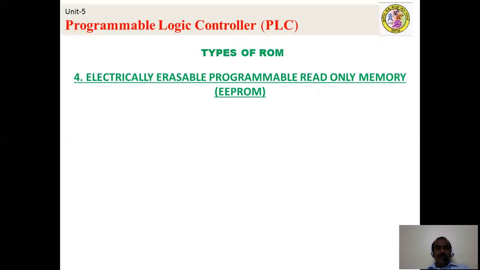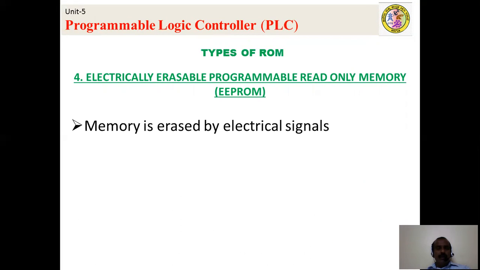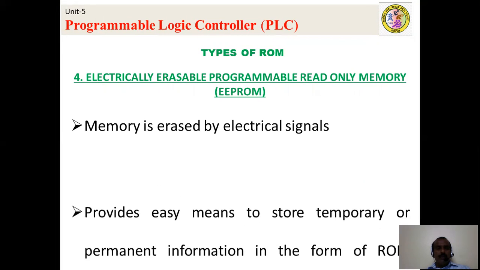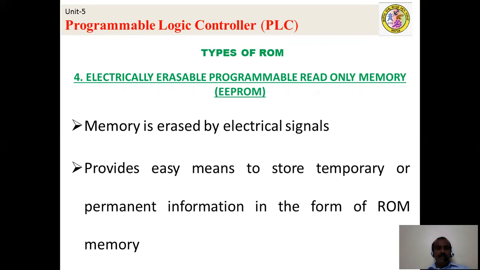Coming to the fourth type of ROM, read-only memory, electrically erasable programmable read-only memory, abbreviated as EEPROM. Here, the data is erased by electrical signals.